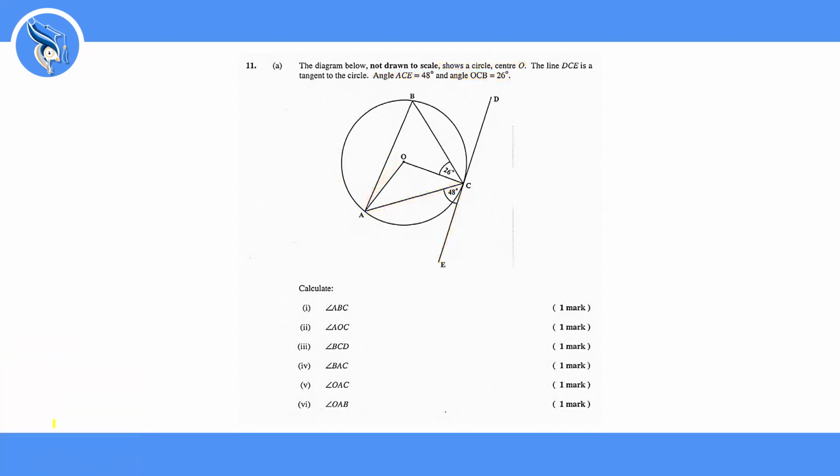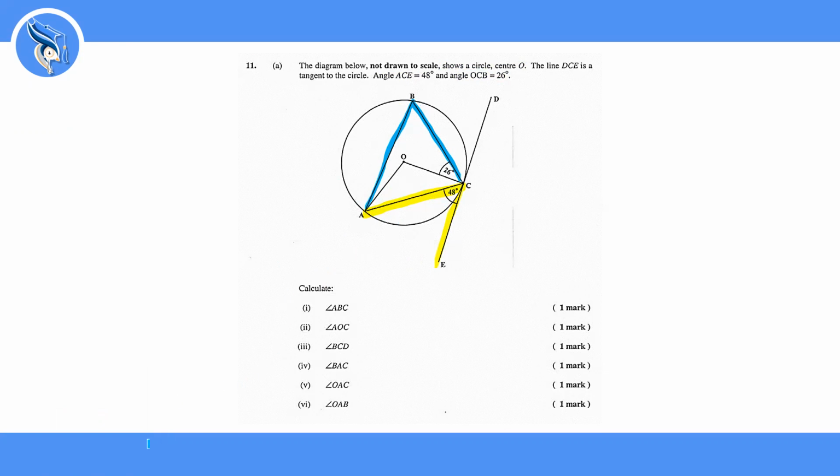Let me change the color. Now this angle right here, ABC, opens onto that chord formed by the tangent and the chord, right?